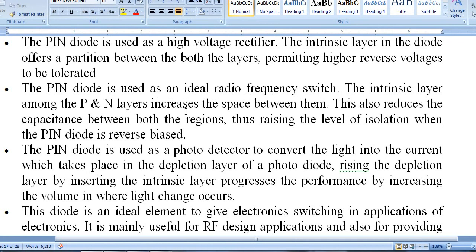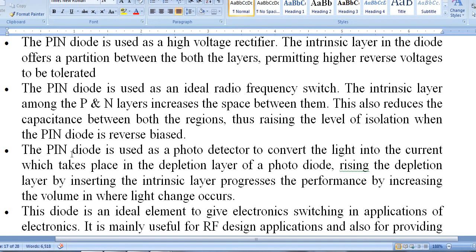The intrinsic layer between the P and N layers increases the space between them. This also reduces the capacitance between both the regions, thus raising the level of isolation when the PIN diode is reverse biased. The next application is in photodetectors.